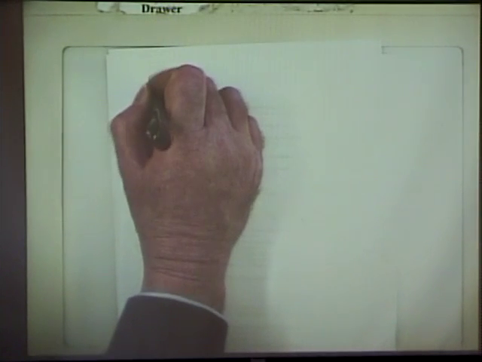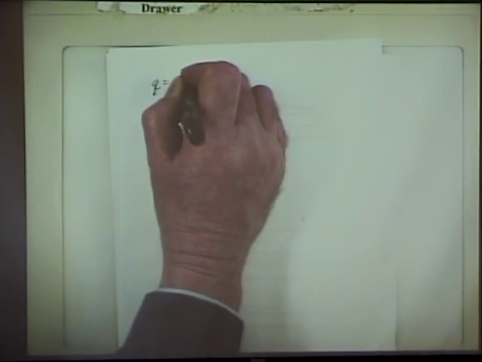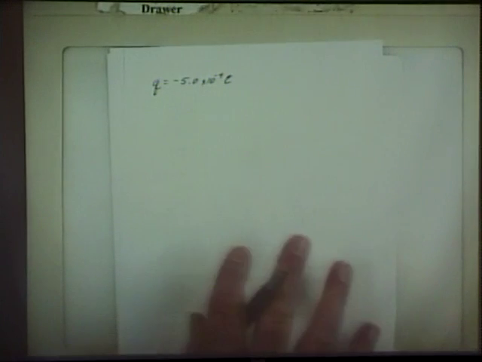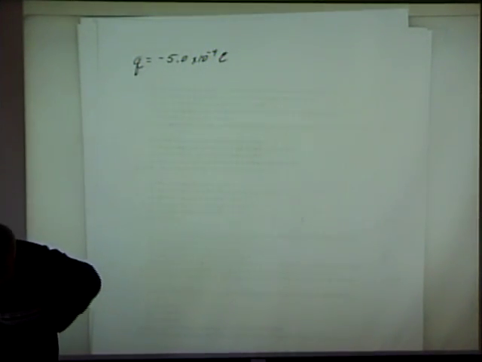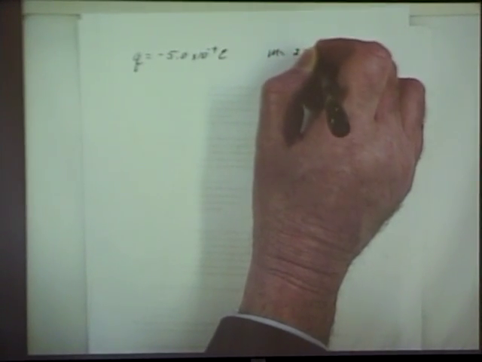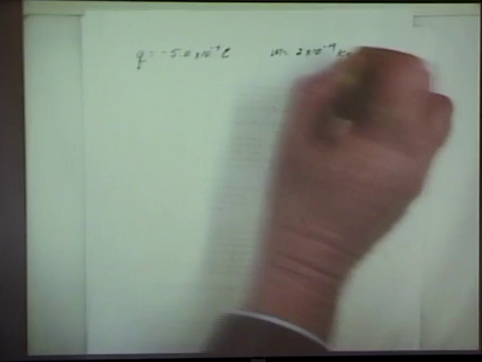I've got a particle of charge q equal to negative 5.0 times 10 to the negative 4 coulombs. We're going to zoom in a little bit. Now then, it has a mass of 2 times 10 to the negative 9 kilograms.